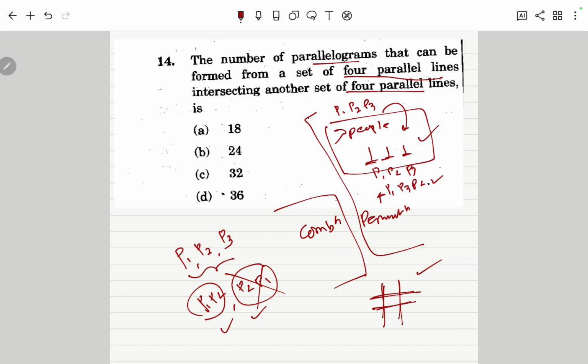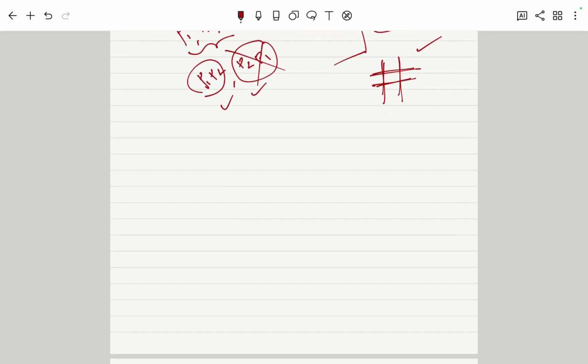There are four lines intersecting another four lines, and each set of four lines is parallel to each other. How many parallelograms could be formed in this pattern?